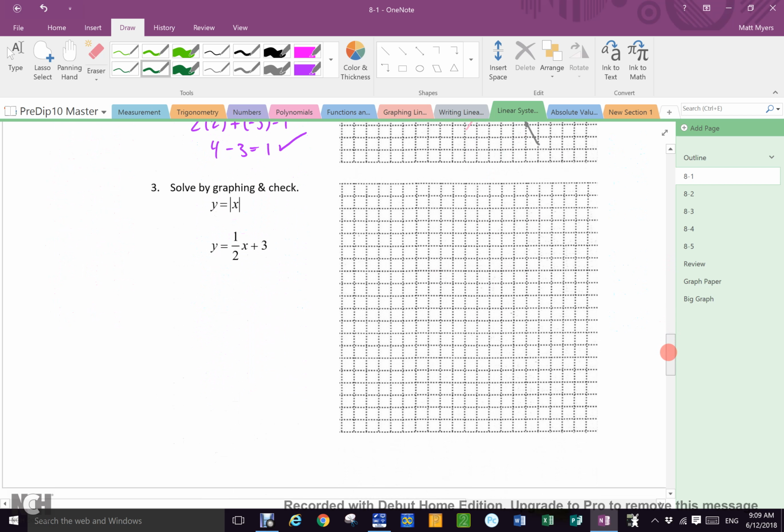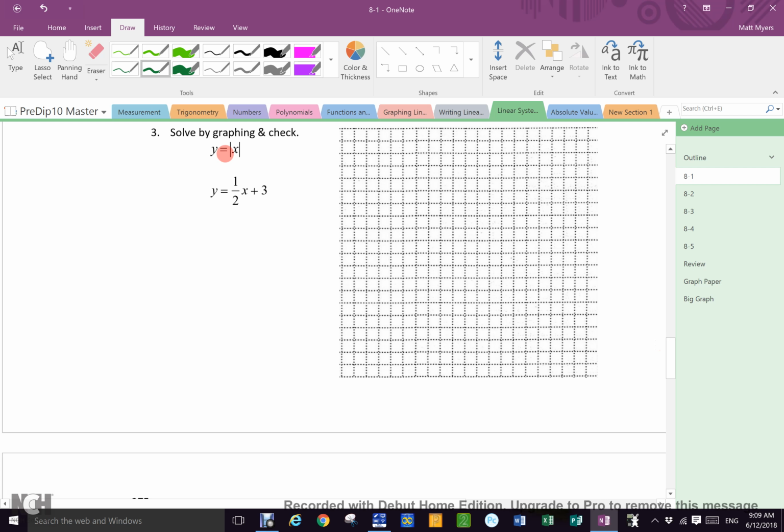Okay? Now, there is something new in number 3 that some of you will never have seen. And it is this notation. Some of you will have seen that notation, especially if you're from another country. Some of you will not have seen that notation.